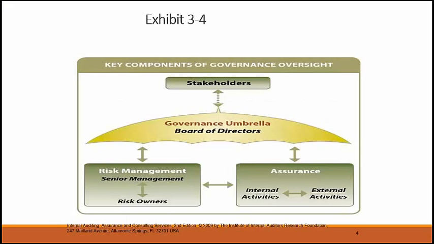Okay, so let's talk a little bit about Chapter 3. Chapter 3 is really setting the framework for understanding who's responsible for what within the organization. So what we have here are key components of governance and oversight.